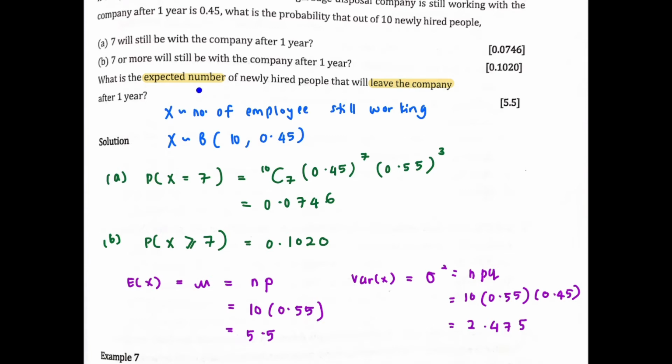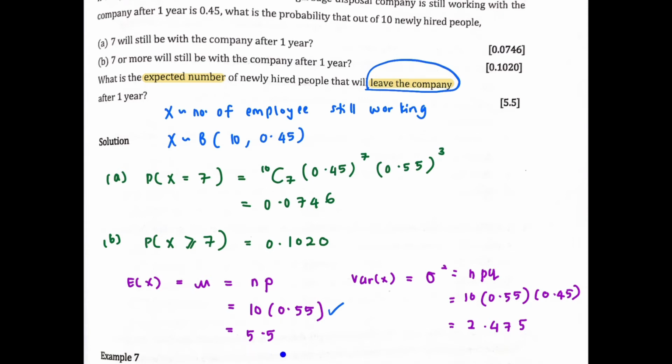So the formula for the mean just now is np. But your p here is referring to the people who leave the company, so the probability is 0.55. So the answer for the expected number of newly hired people that will leave the company is 5.5 people.